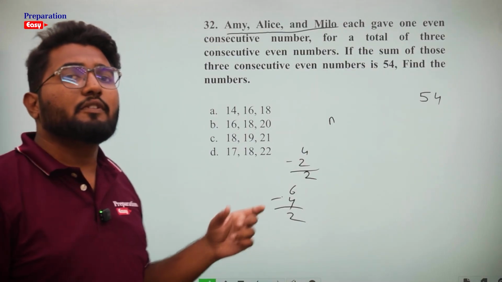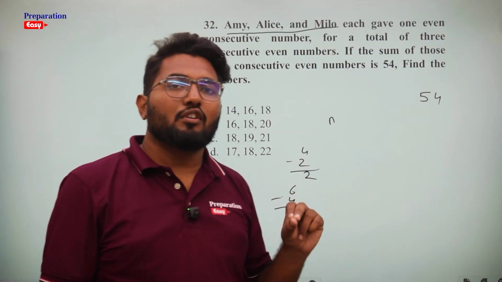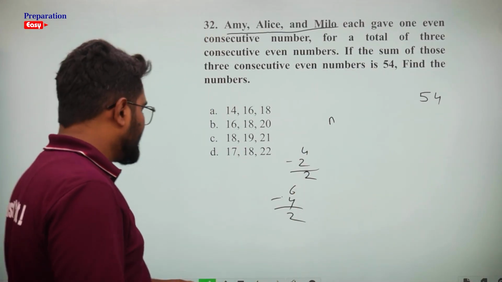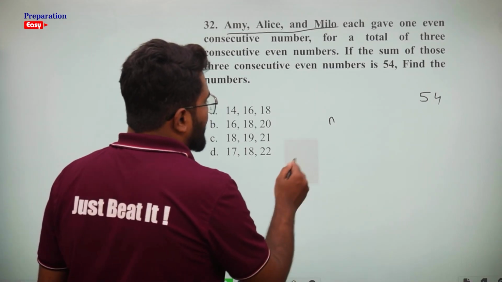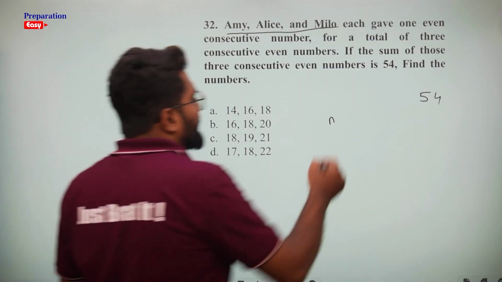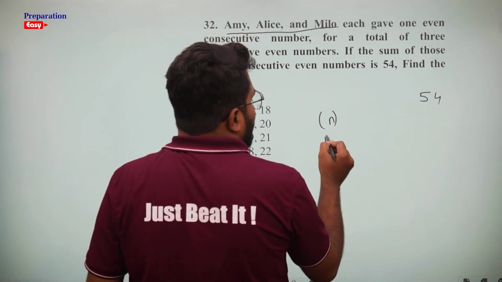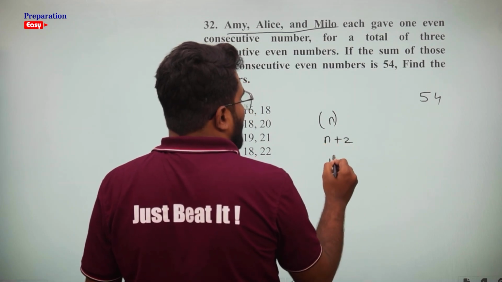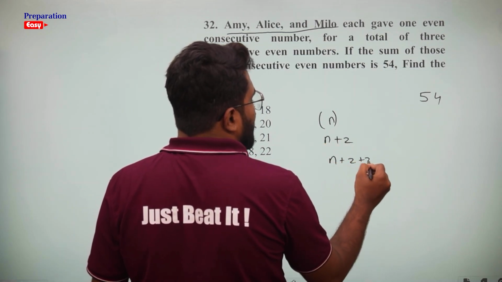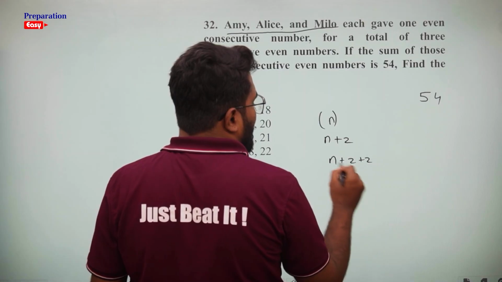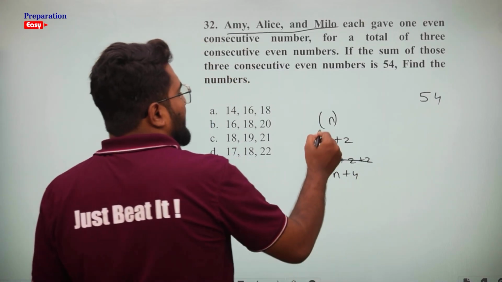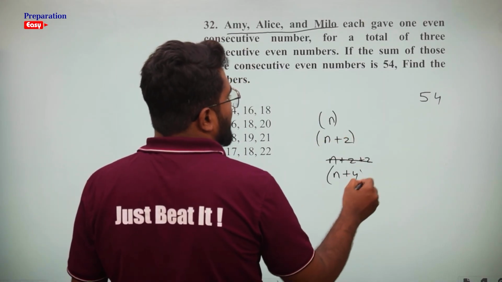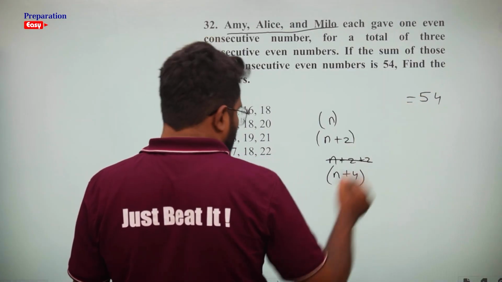So the difference between 2 even numbers is 2. So the first number is n, the second will be n plus 2, and the third will be n plus 2 plus 2, that is n plus 4.